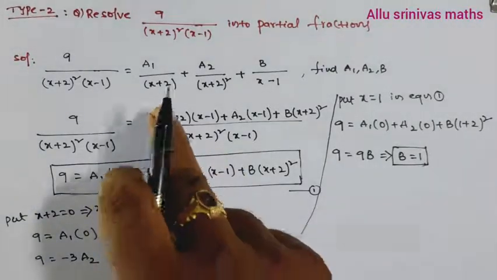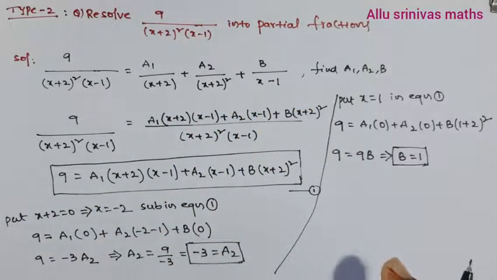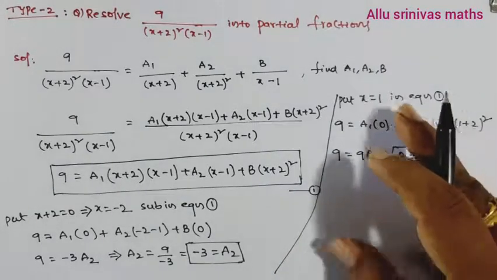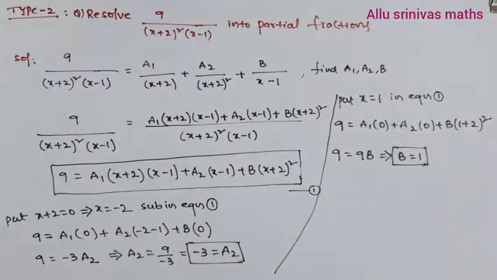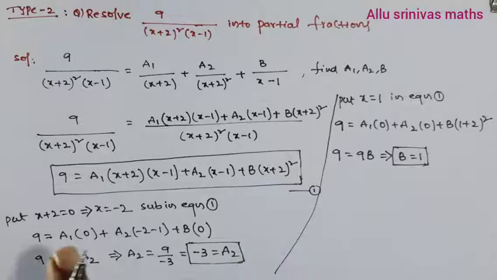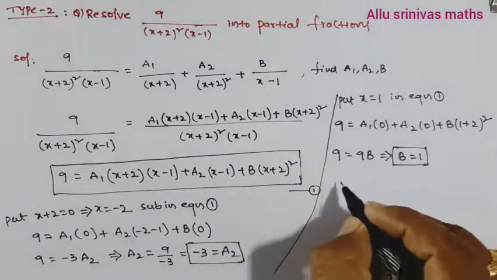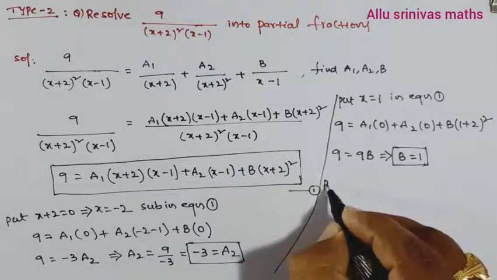In this problem the linear factors are over, but we have to find another value, the a1 value. So we take any real number except the already taken values. Let us take in this problem, put x equal to 0.